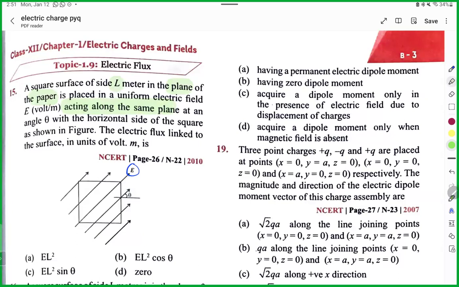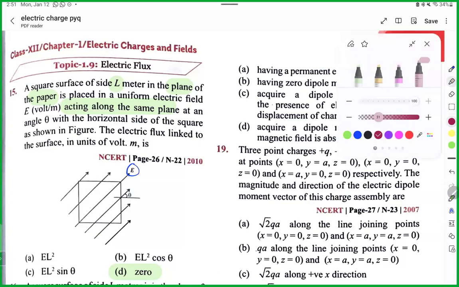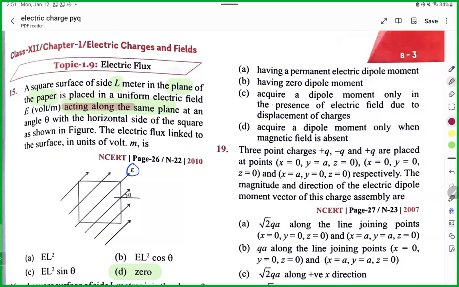So both are in the same plane, which means the electric lines are not passing through the surface. This word is extremely important: acting along the same plane. Same plane means they are not passing.